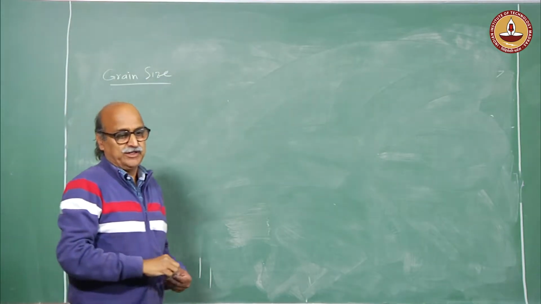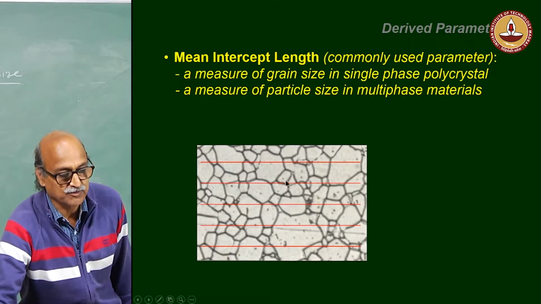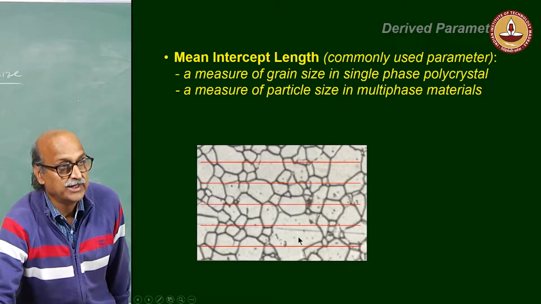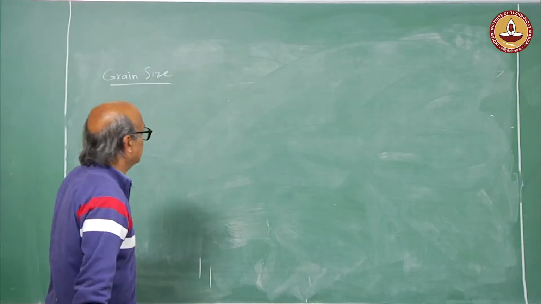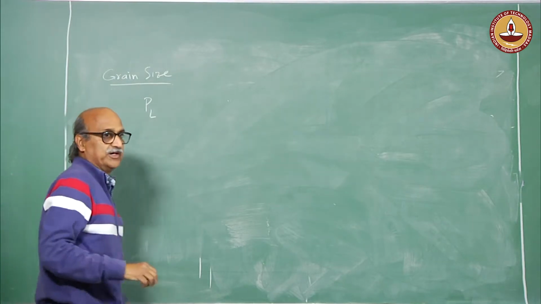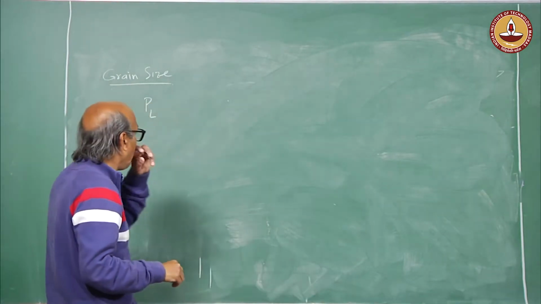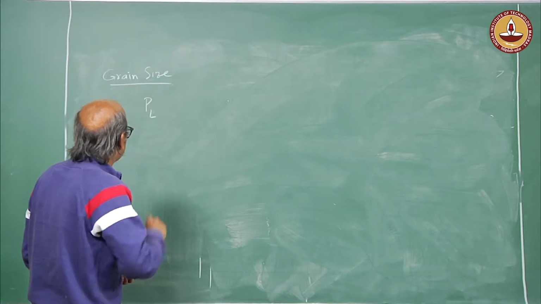So, here if I look at this, I superimpose a set of parallel lines and get the measure PL, the number of intersections of the lines with the grain boundaries per unit length using this line grid.